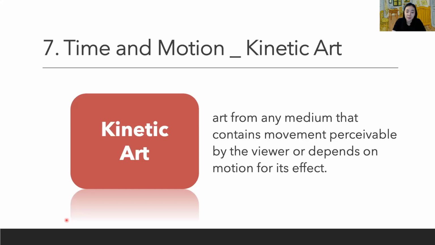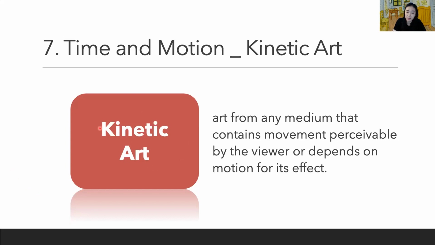And art that moves is called kinetic art, from the Greek word kinetos, meaning moving. Kinetic art is art from any medium that contains movement perceivable by the viewer and depends on motion for its effect.